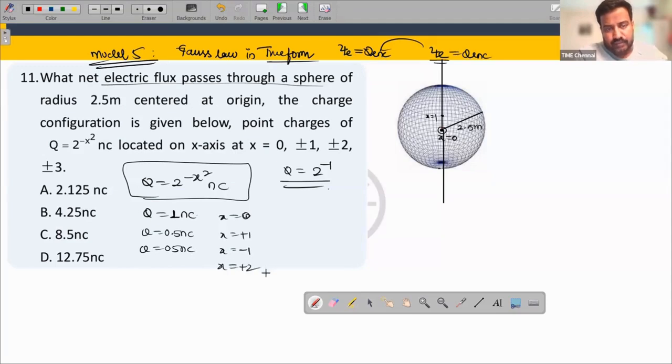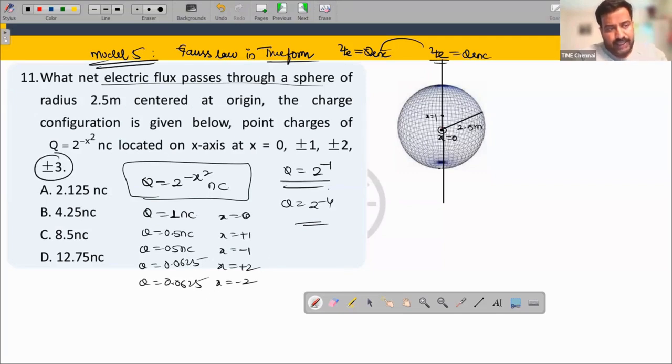At x is plus 2, q is 2 power minus 4, that's 1 by 16, 0.0625. At x is minus 2 also, q is 2 power minus 4, 0.0625.